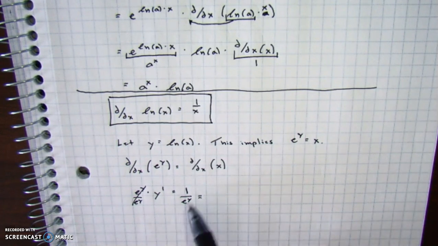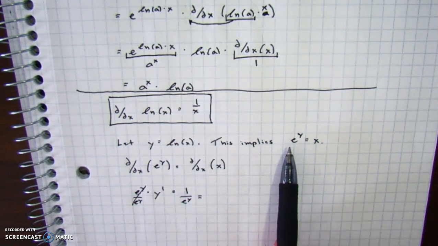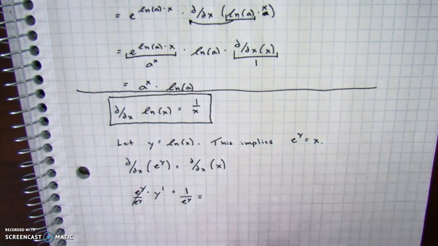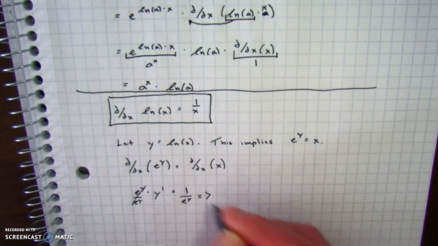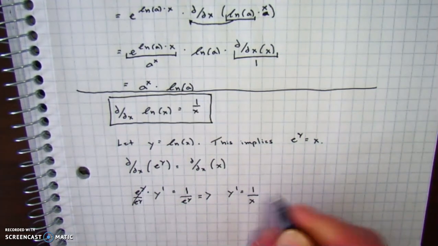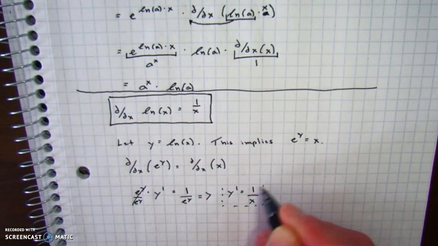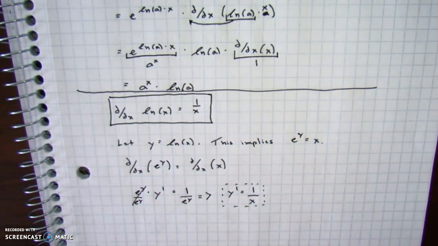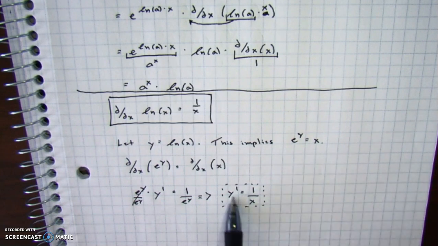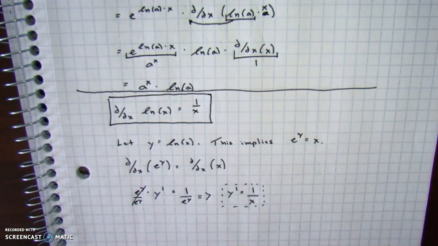I know from up here that e to the y equals x, so I can rewrite this whole thing: y prime equals 1 over x. Which is what I'm after, right? Because the derivative of y, the derivative of this, equals 1 over x. So there's the proof for the natural log.